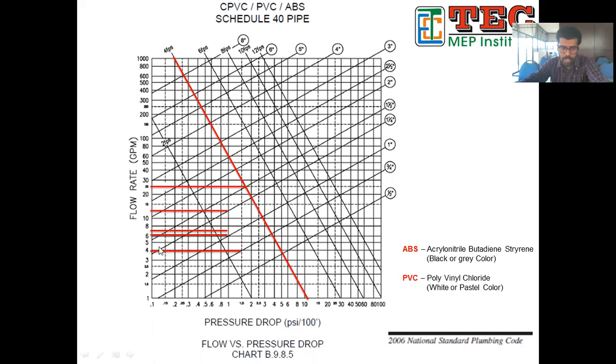The line will be going here, right? And imagine this 4 FPS is the velocity, so it will be in between only, okay? 3.2. 4.5 means it will be coming here.